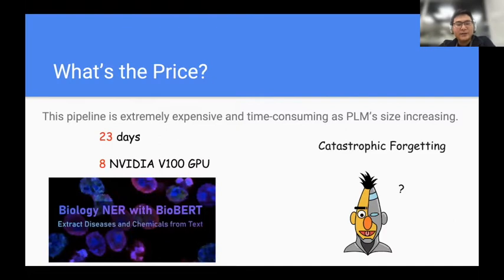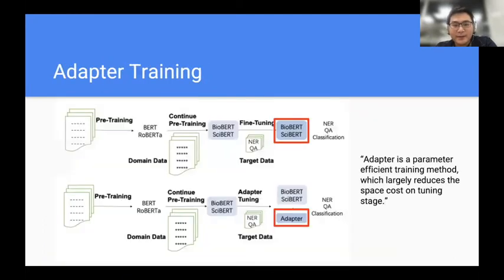The second price is that the fine-tuning or continual pre-training paradigm makes BERT less extensible, since domain-specific training will result in catastrophic forgetting. So here comes our proposal.